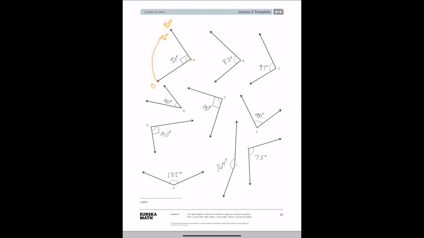Okay. Let's take another one. Maybe this one right here. Let's look at F. There's our reference point for our vertex. And say, because it's convenient the way it's drawn on the page, maybe I want to start here for 0 degrees and go counterclockwise measuring. So going this way, is that going to be 80 degrees? Question mark.